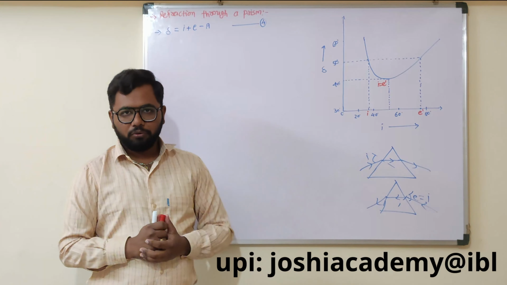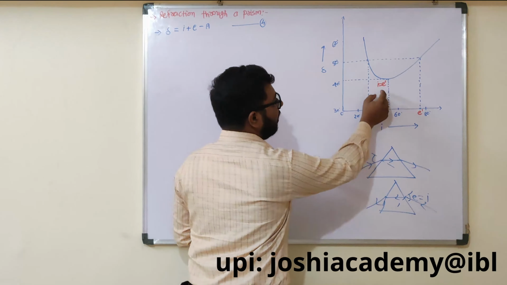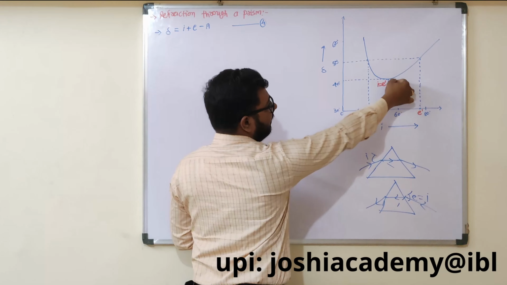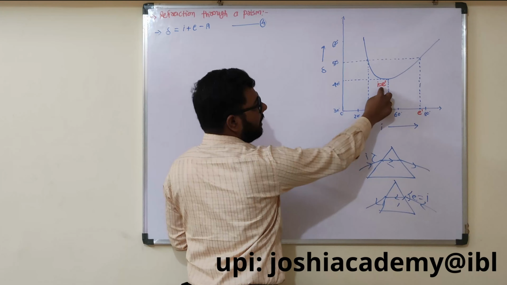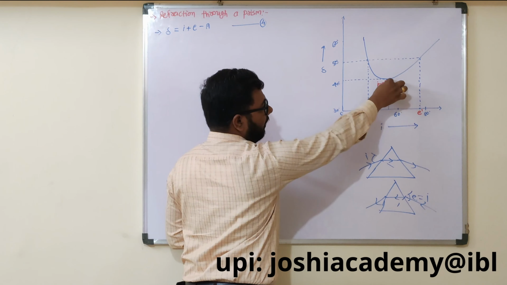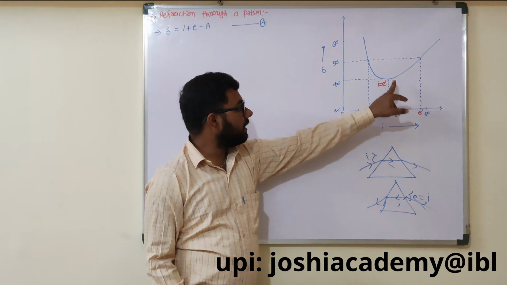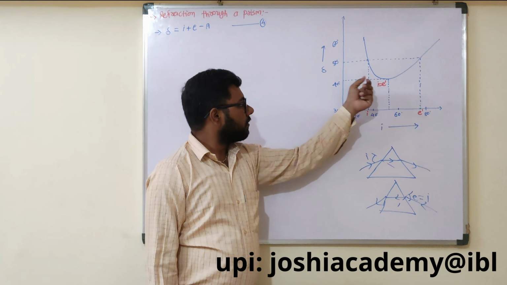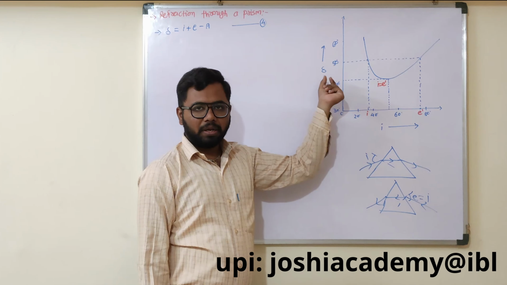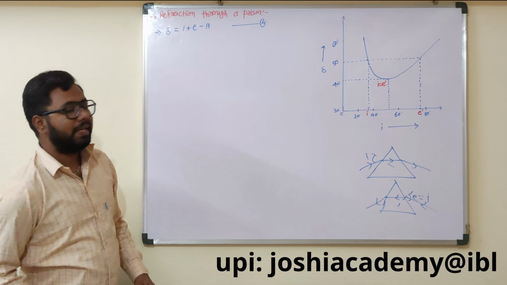Clear? Now we want to define what is the minimum angle of deviation. For that we are going to consider this point. At this point you can see our I becomes E. That means for this single angle of incidence we are getting the deviation, and as you can see this is the dip over here. So this will be our minimum angle of deviation, that can be denoted by dm.